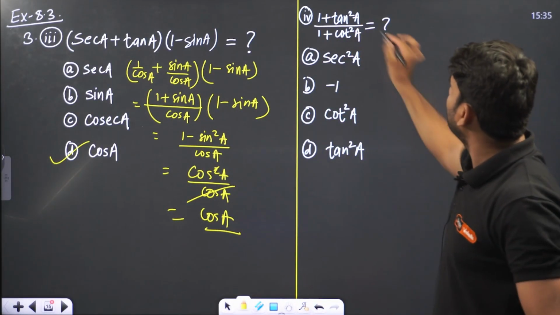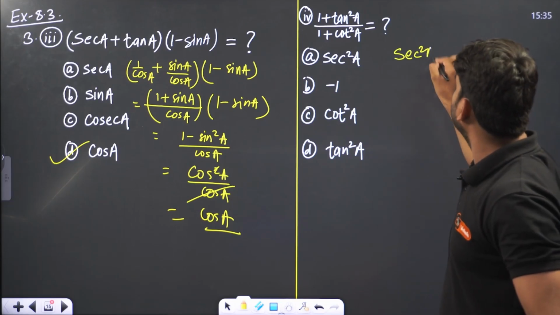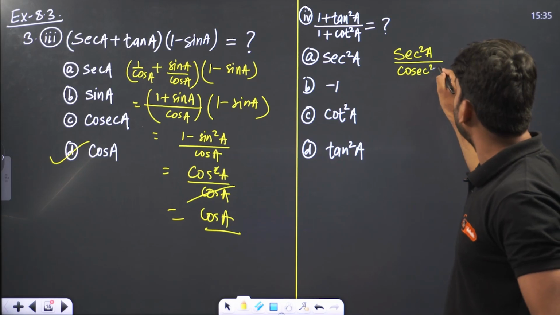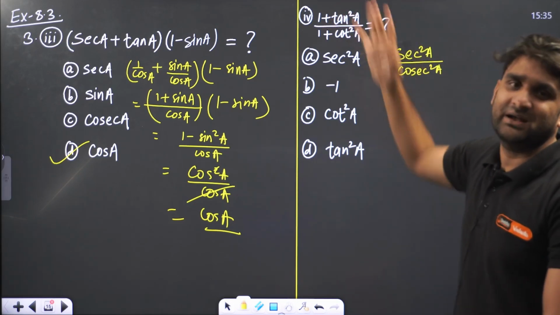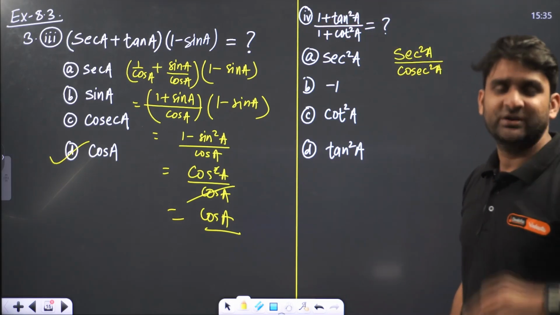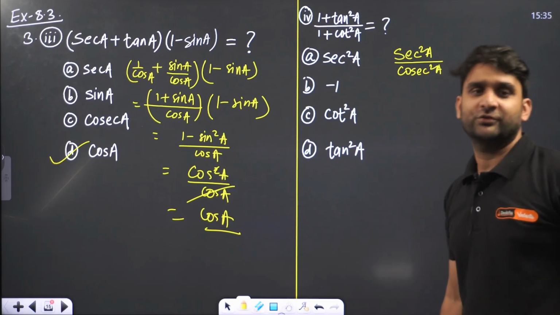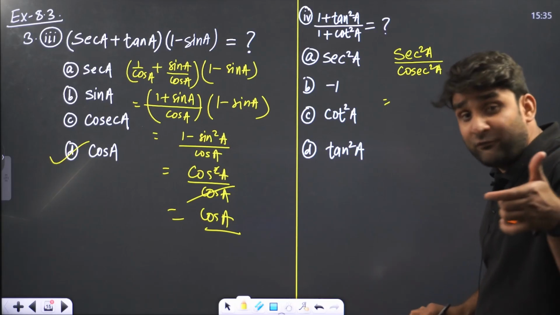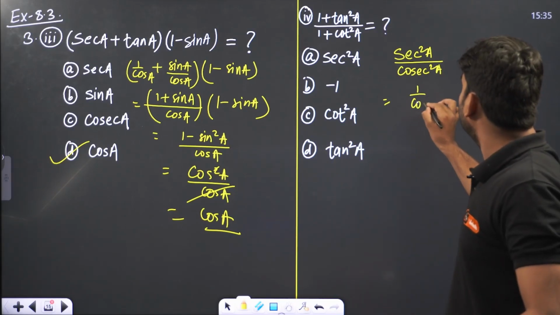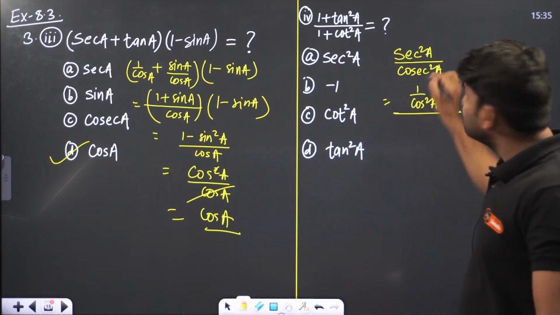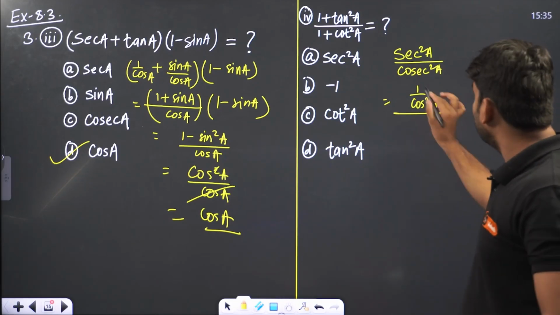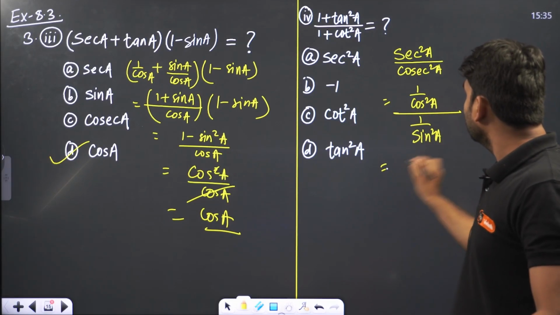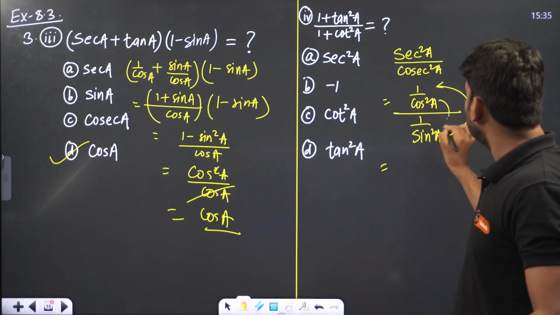1 plus tan square A can be written as sec square A. 1 plus cot square A is equal to cosec square A. This is a direct identity. Now sec is the reciprocal of cos, so it can be written as 1 by cos square A. Cosec is the reciprocal of sine, so it can be written as 1 by sine square A. So sine will come here and cos will come here.